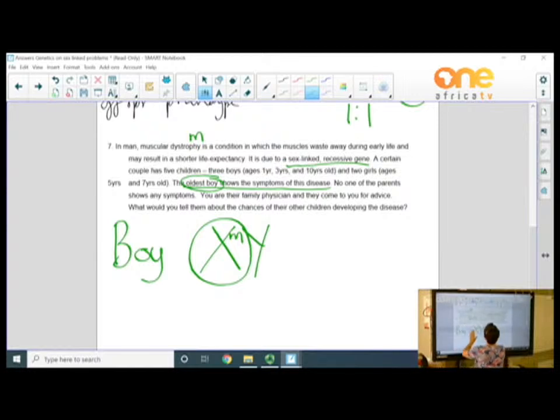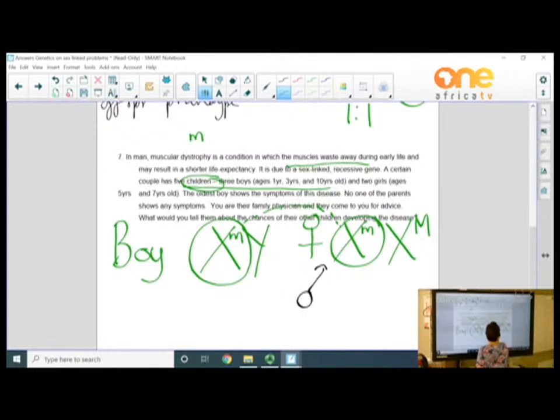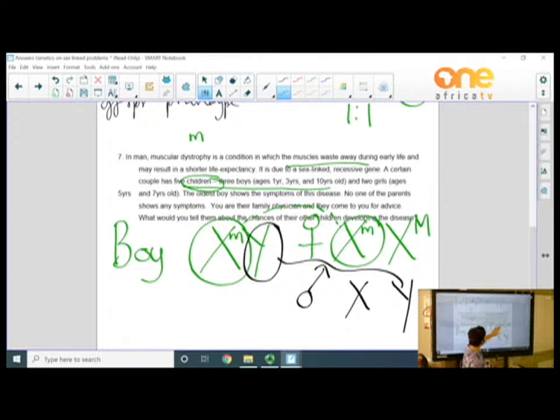Because remember, the mum is this. You agree? The boy does have the symptoms, so he must have inherited this from his mum. What about the dad? The dad is X, Y. The only possibility for this boy to get this disease was from his mother.